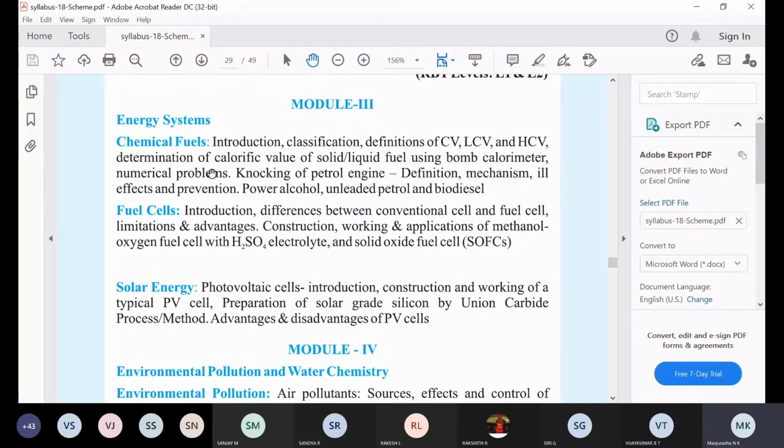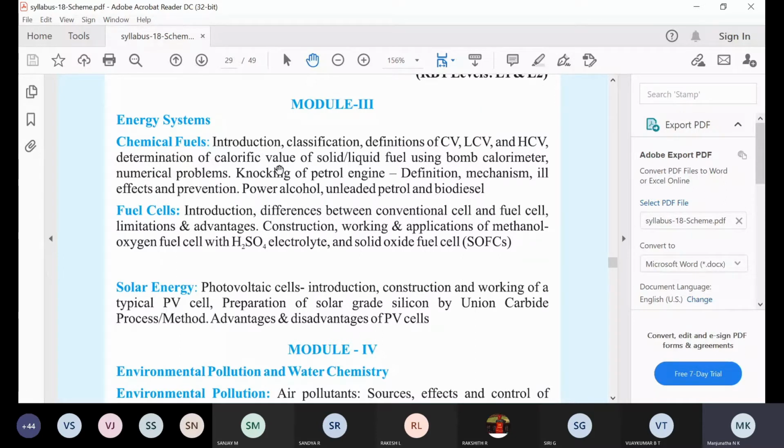Next we are going to discuss the fuel we use in our daily life in an IC engine or internal combustion engine, that is petrol. Sometimes, due to the presence of impurities in petrol, a knocking process is observed, meaning a rattling sound is produced by an IC engine.